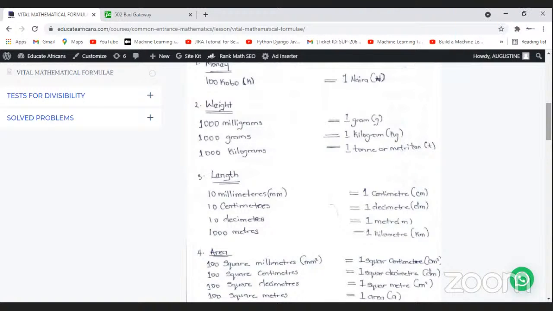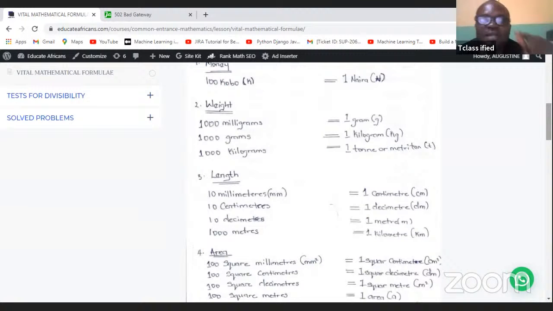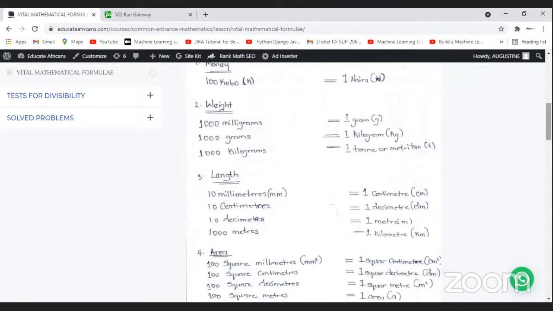Okay, sir. So whenever we're talking about kobo and naira, we're talking about measuring what? Money. But whenever we're talking about kilogram, gram, tons, milligram, we're talking of what?